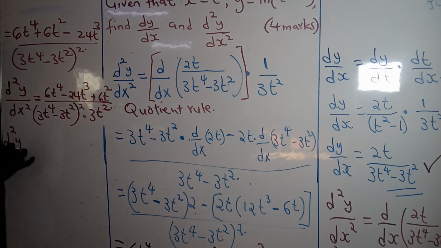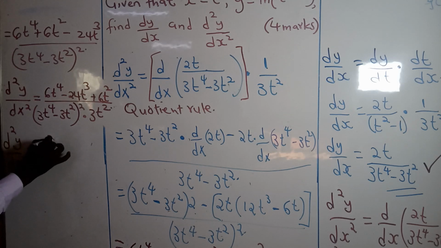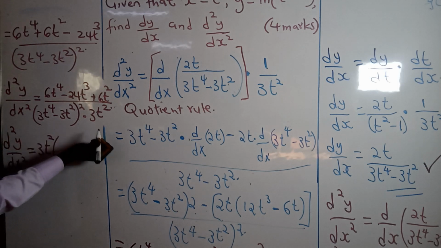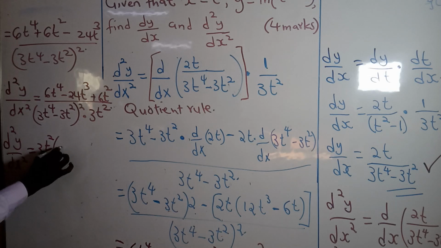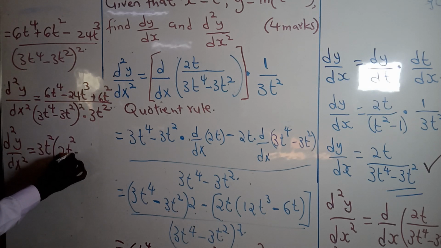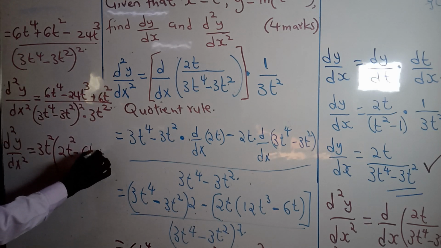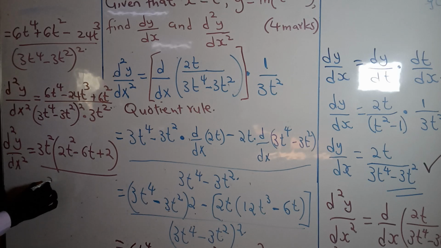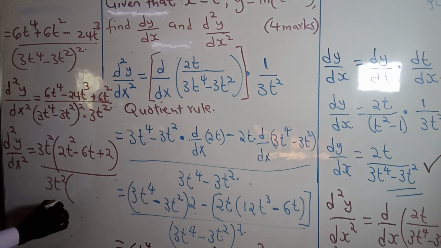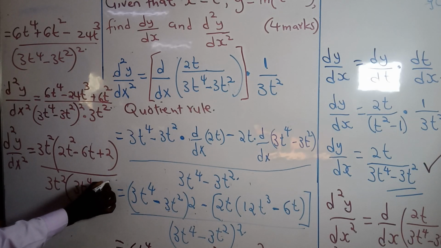d squared y over dx squared is equal to, here we can simplify, we can take out 3t squared and we can be left with, in brackets, 2t squared minus 6t plus 2, over 3t squared into brackets 3t to the power 4 minus 3t squared.